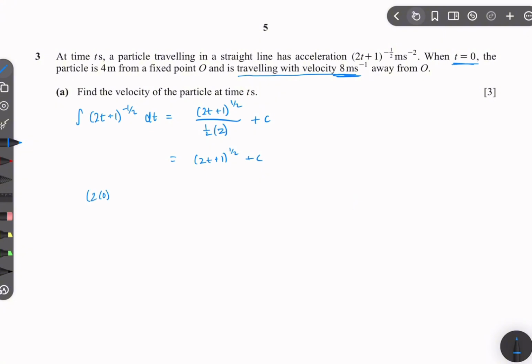So we sub 0 into t, and this is equal to 8. So c is 7, and we can just rewrite the velocity equation.